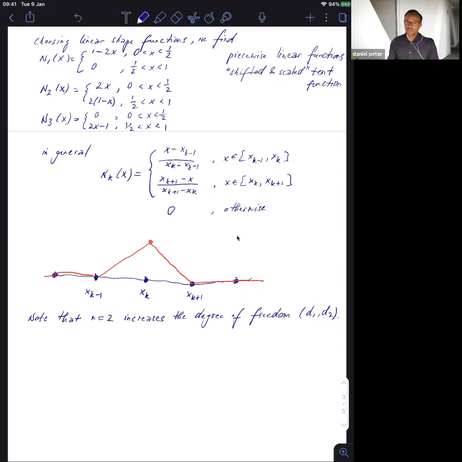Here it means we only need the function values at these few points where it's non-zero. Basically in this case it's only at point xk. So that means it has a local support and it becomes a local method, therefore.